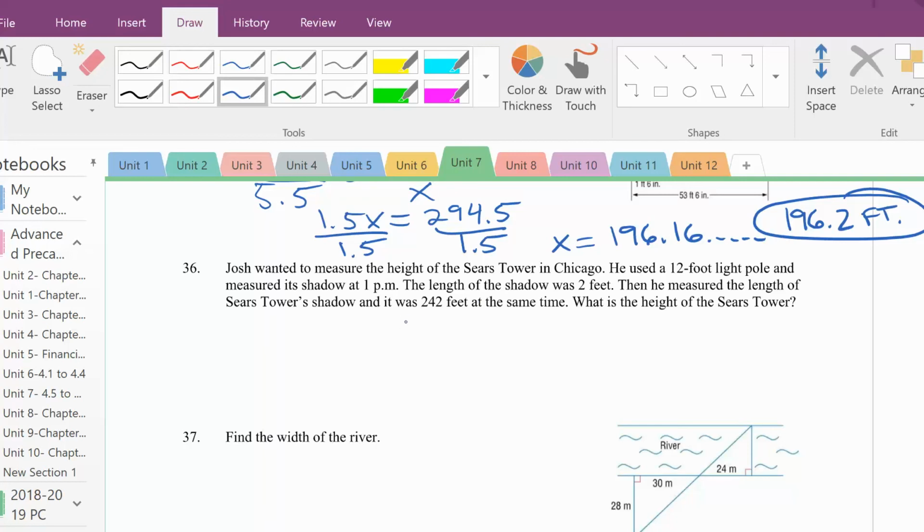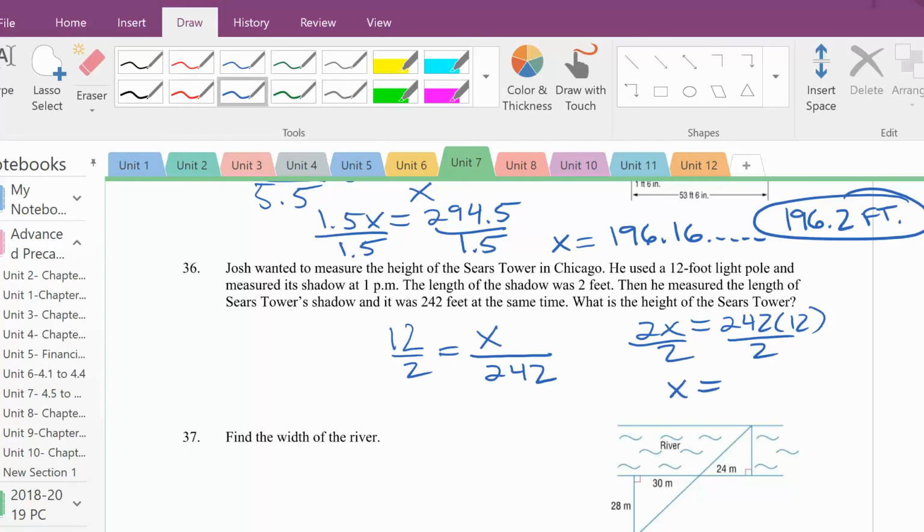It's a 12-foot light pole with a 2-foot shadow, and it wants to know how tall the Sears Tower is with a 242-foot shadow. So if we cross multiply, 242 times 12, and then divide by 2, you get 1,452 feet. That's how tall the Sears Tower is.